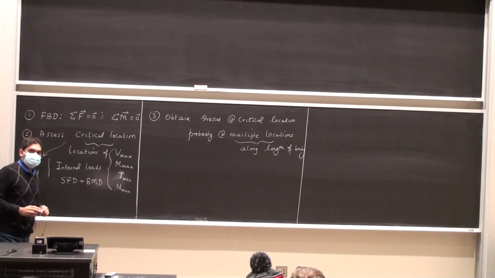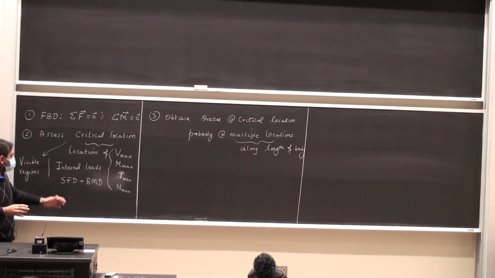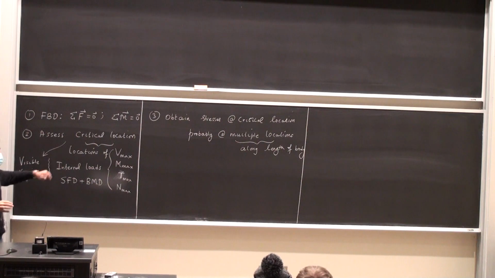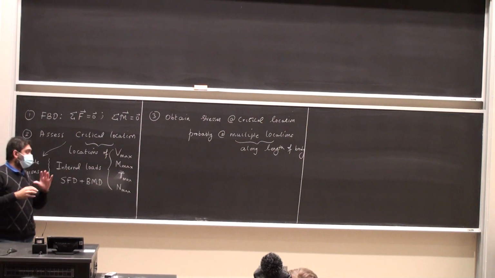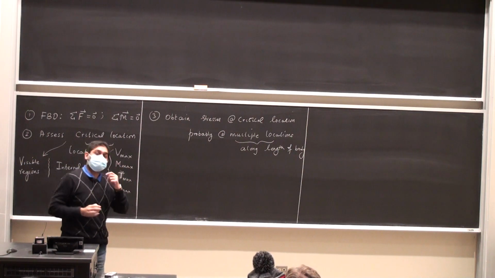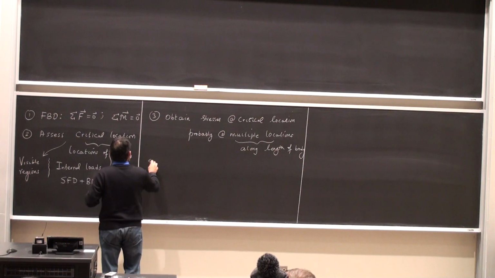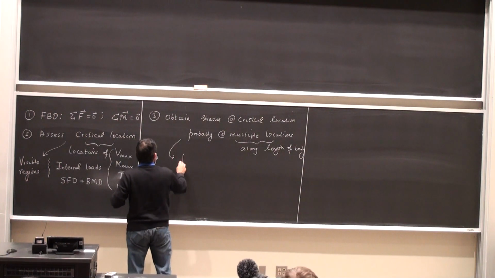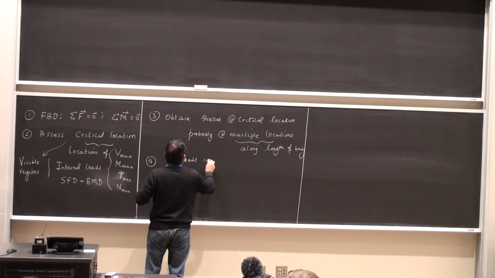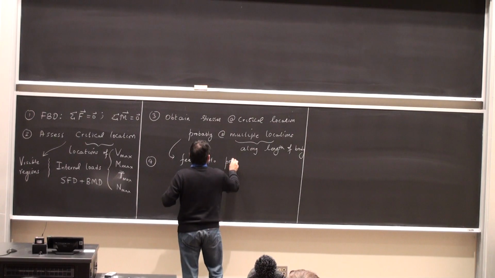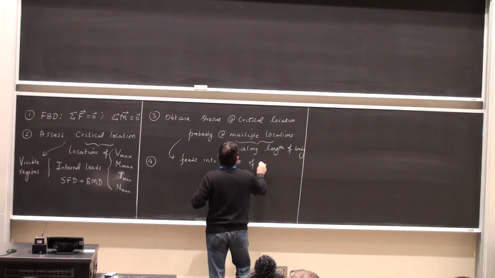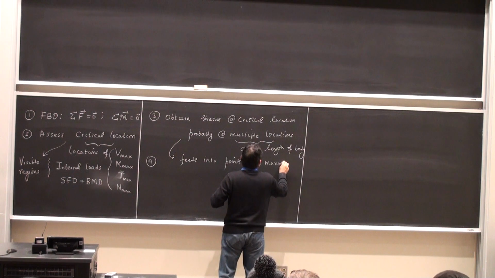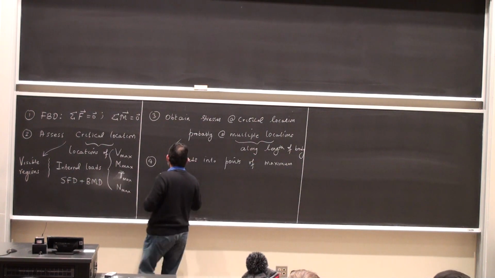And once you figure out, okay, these are all the critical locations based on where Vmax is the maximum or M is the maximum, then you figure out, okay, on the cross section, what are the maximum points of stress. This feeds into points of maximum stress.